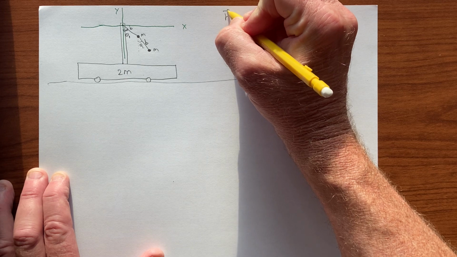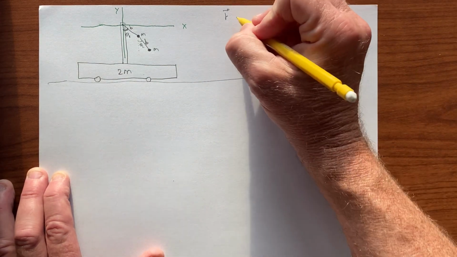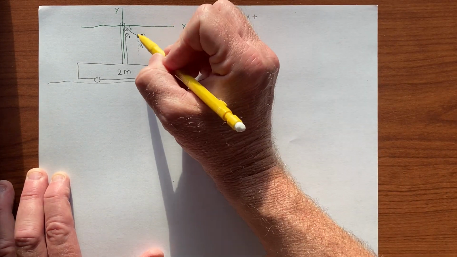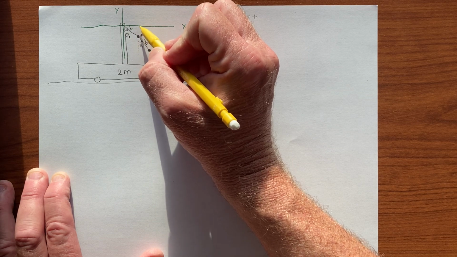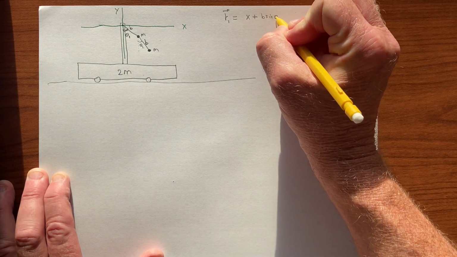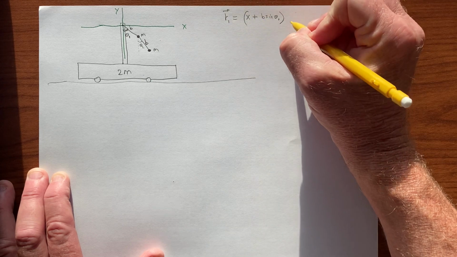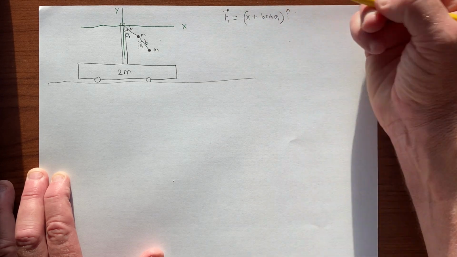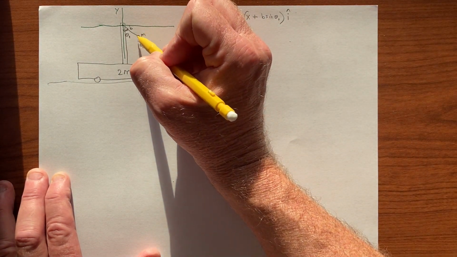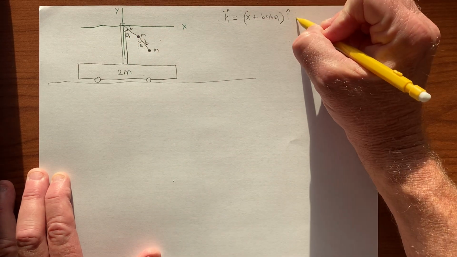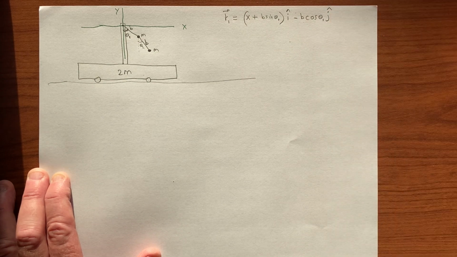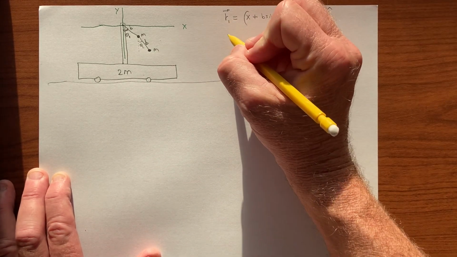The position, in two-dimensional space, x and y, for object 1 is x plus the part along here, which is b sine theta 1, that is the x component, plus something j hat, and then the y component is minus b cosine theta 1 j hat. Okay, that's the coordinate for that object.